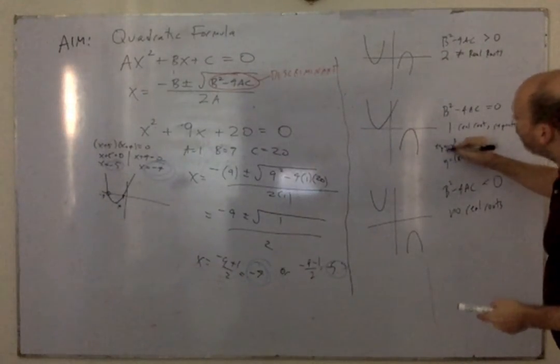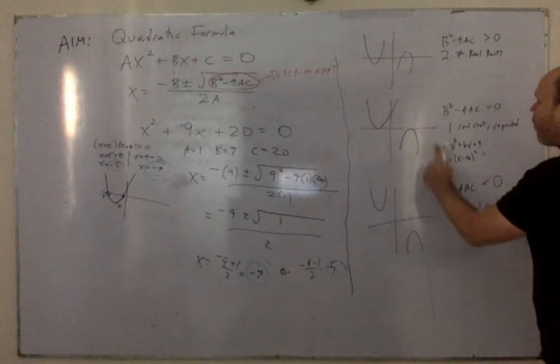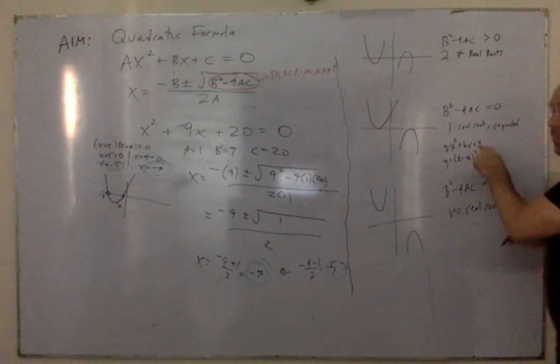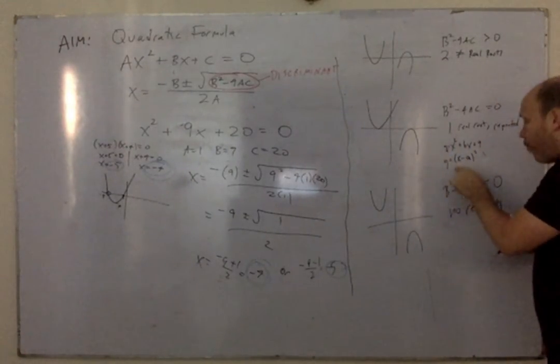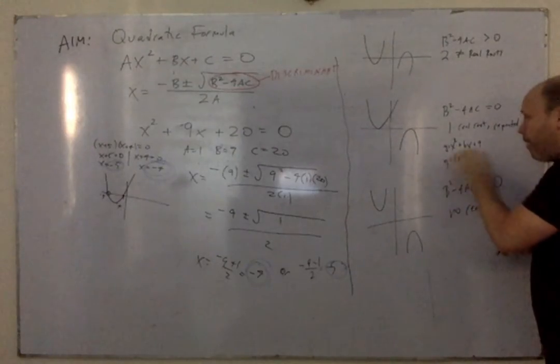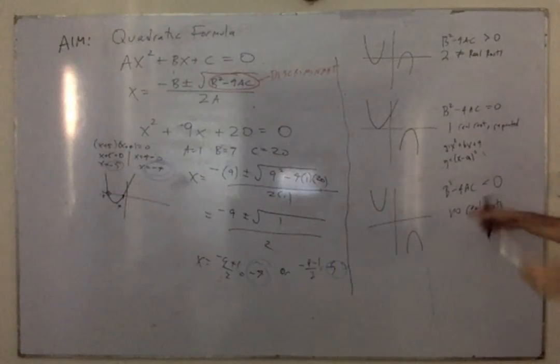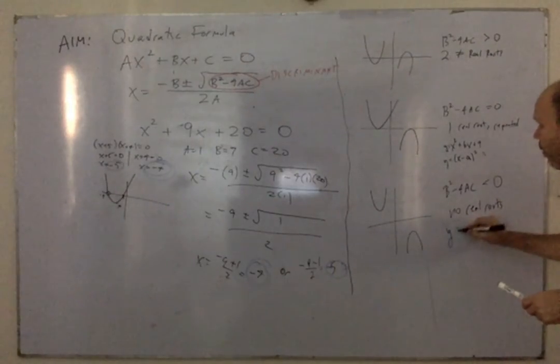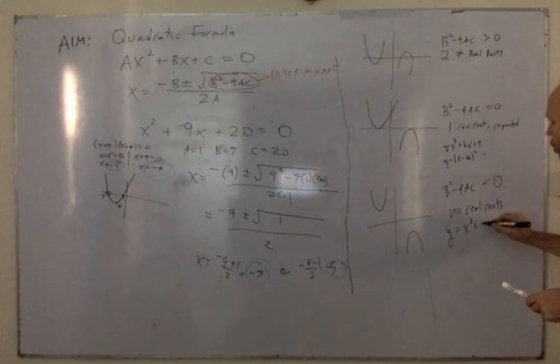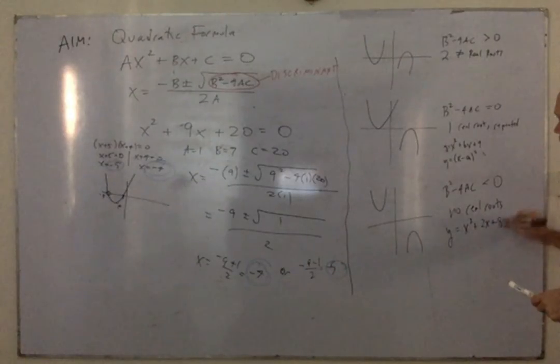Here's a perfect example of a parabola that touches the axis in one place. In general, y equals x minus a, squared. These parabolas touch it only in one place. And in this example, how about y equals x squared plus 2x plus 8?